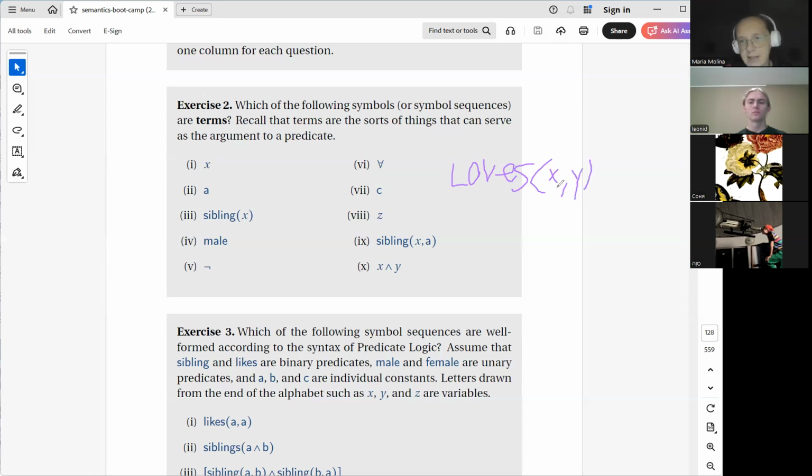And we read it as X loves Y. Okay, are we good? Now, in this predicate, what are arguments of the predicate? What do we call argument?